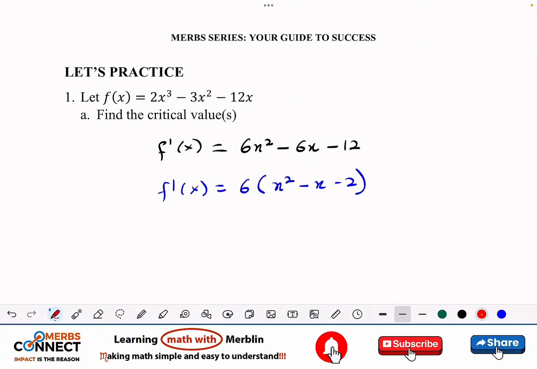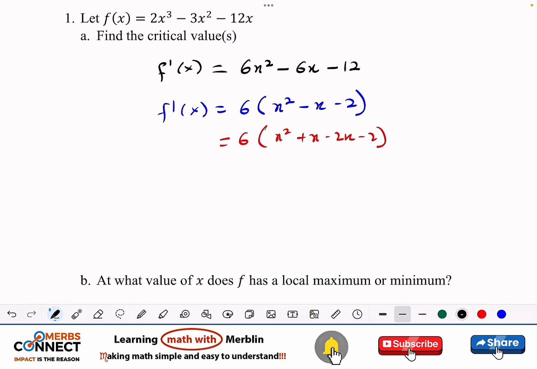So the factors here can be plus x minus 2x and then minus 2. I think it's true, right? 1 times minus 2 is minus 2, and this will be minus 1. Good, so I'm on the right track. This is going to give us 6, and here x plus 1, and when I factor minus 2 out, I get x plus 1. Simplify that, and we have x plus 1, x minus 2.